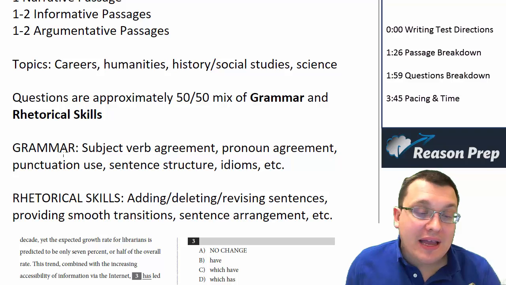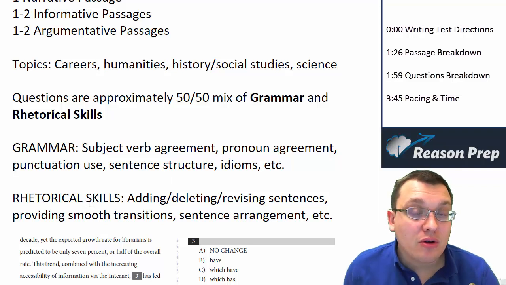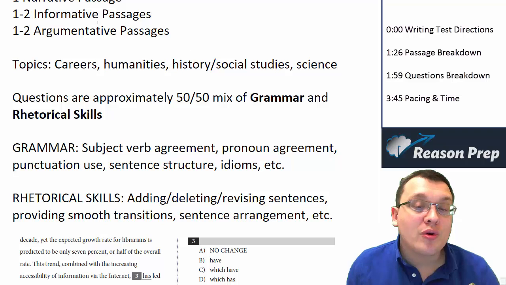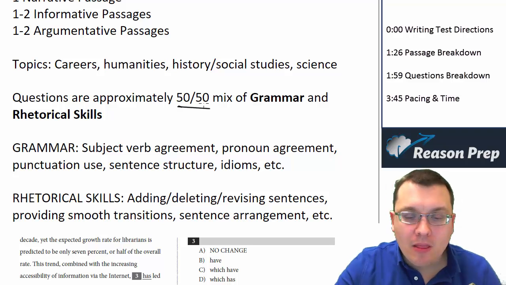Some people might categorize idioms as being more rhetorical skills, or combining sentences as either grammatical or rhetorical. So there's a little bit of overlap, but we can just say it's about a 50-50 mix approximately.